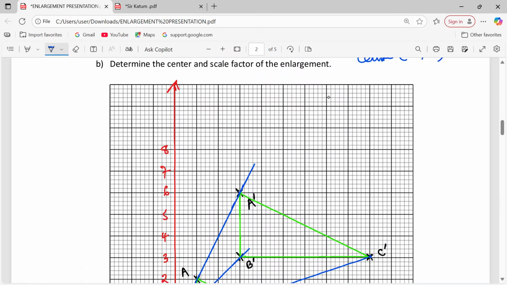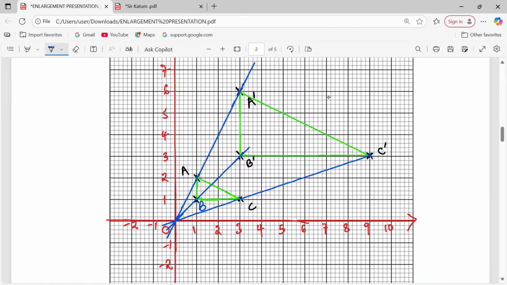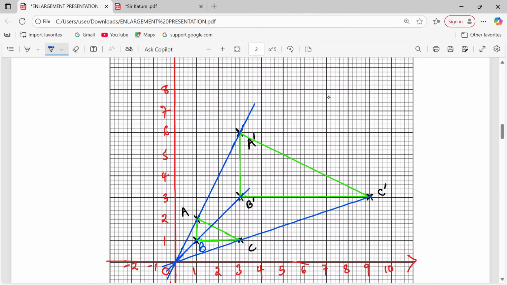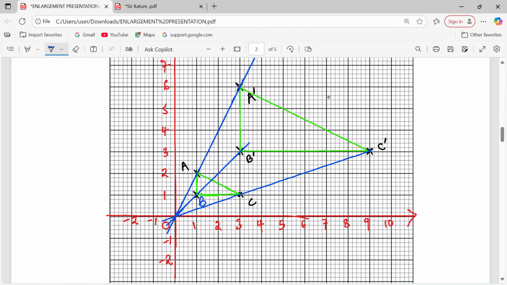We proceed to determine the scale factor of this particular enlargement. There's something I said about the scale factor of the enlargement. I said you can check the distance from the center to where the image is, then from the center to where the object was.